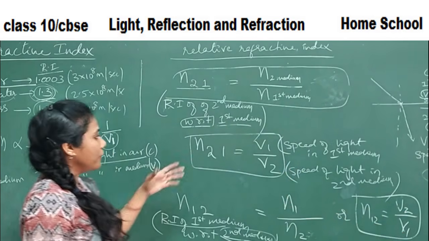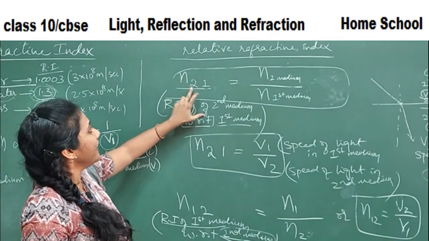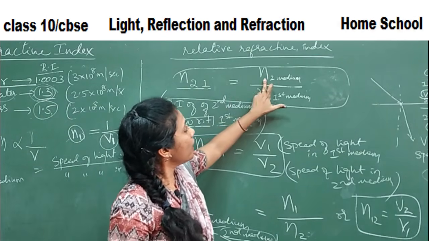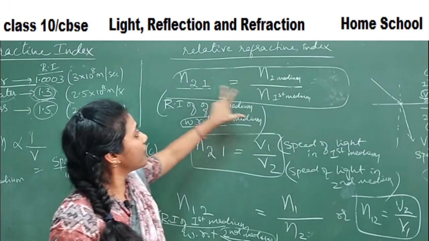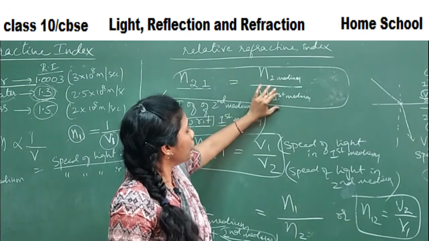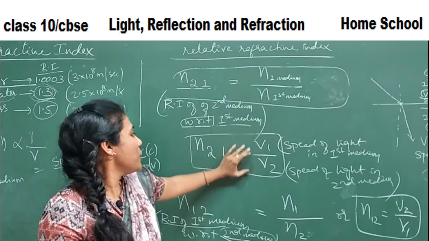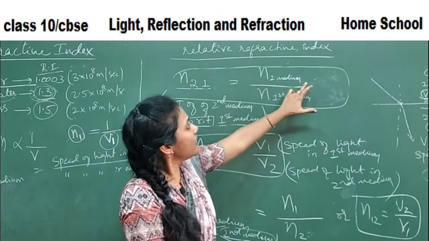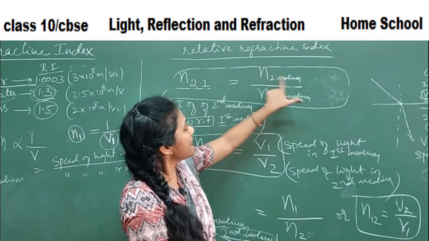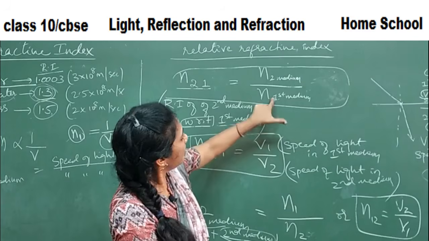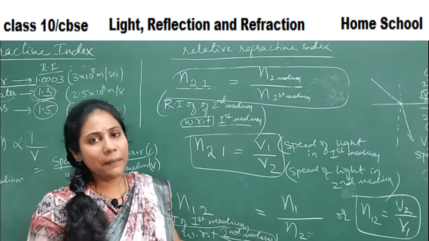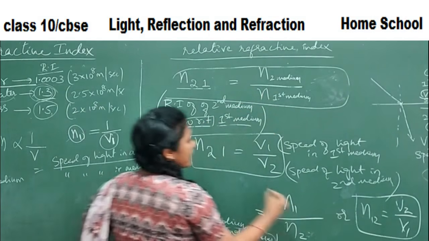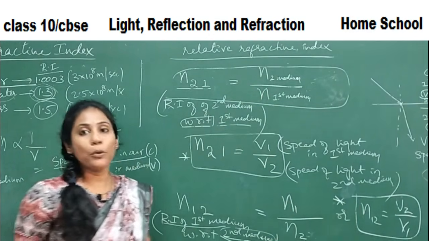So actually, if you can remember, N21 means the refractive index of the second medium, since 2 came first, divided by the refractive index of the first medium, since 1 came later. If you know this formula, you can write it. It's not that you have to remember this formula, right? The refractive index of a medium is inversely proportional to its speed. So its speed comes in the denominator, and its speed goes in the numerator. Simple mathematics, right? So actually this formula and this formula is what we will use more.